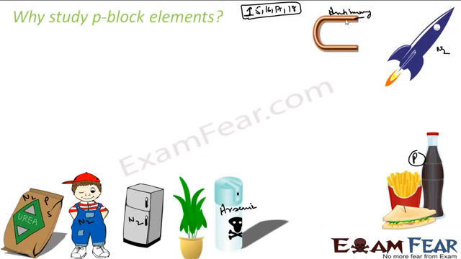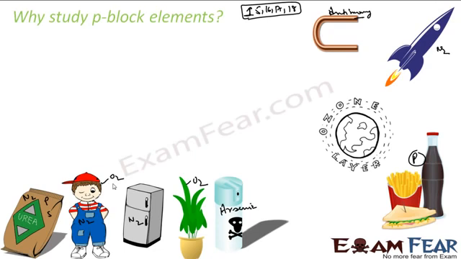If you talk about the oxygen which we breathe, which we or the plants take in, oxygen is again a P block element. The most critical element for our survival is oxygen, and that is a P block element. The ozone layer that protects us from harmful UV rays, this ozone is a P block element.